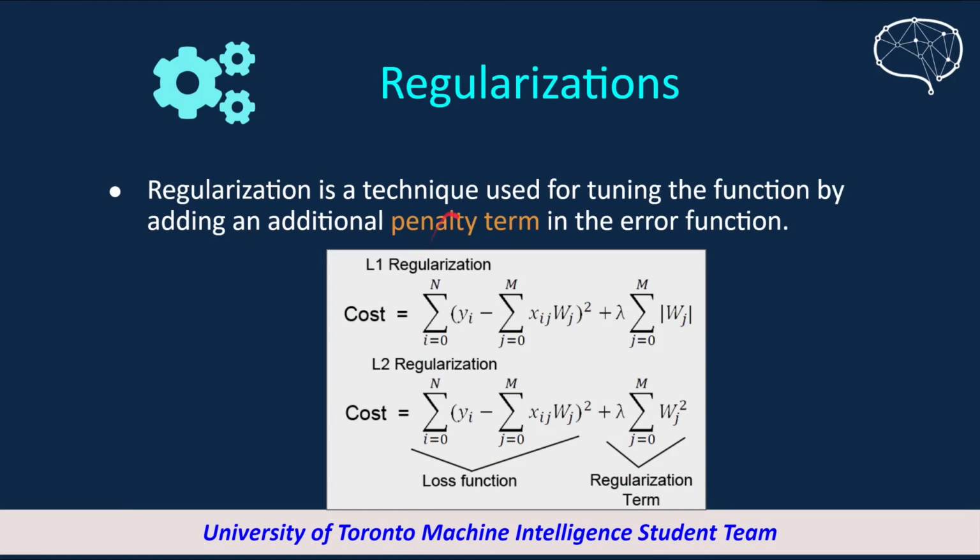This term is called a penalty term, because you essentially want to penalize the cost function when the model is too complicated. But how do we do that? We add a term: we use lambda, a constant, times either the L1 or L2 term of this whole weight vector.